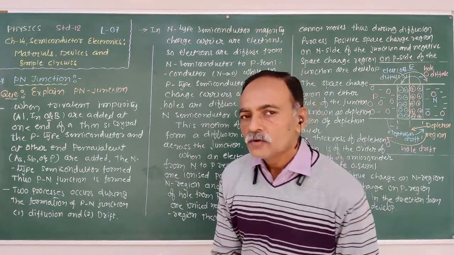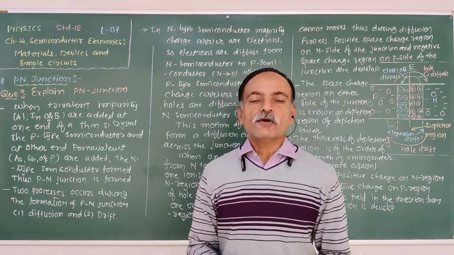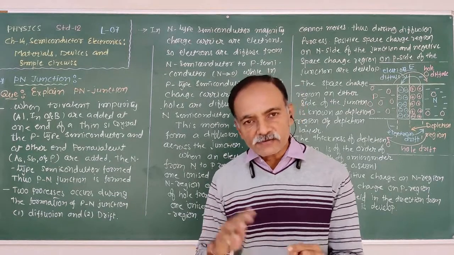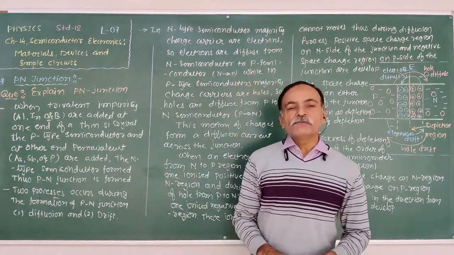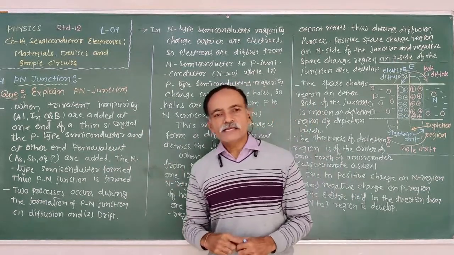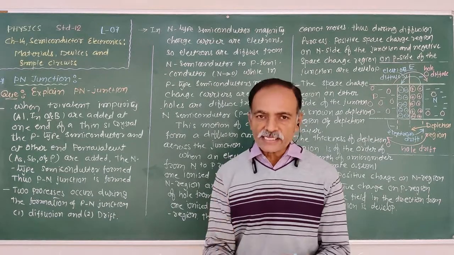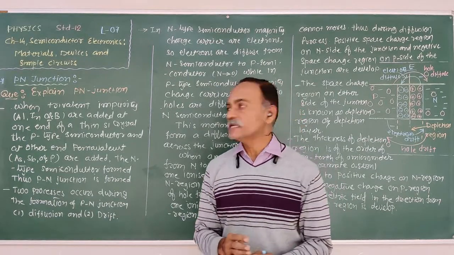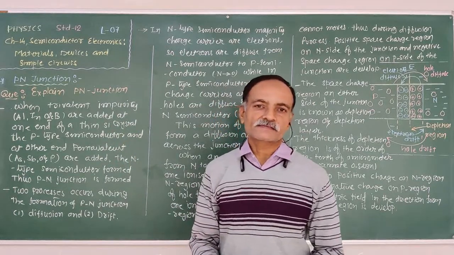Now, in a thin crystal of pure silicon or germanium, suppose at one end the trivalent impurity, like aluminum, indium or boron, is added. So this end of the silicon crystal acts as the P-type semiconductor.